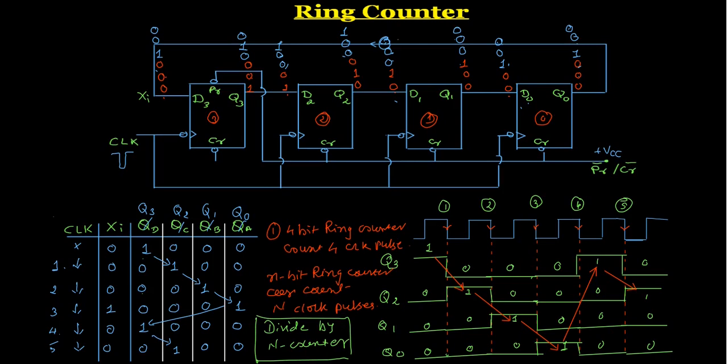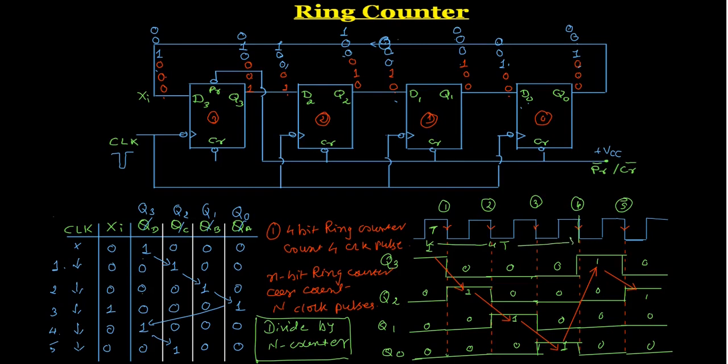Another important thing, remember that whatever the final flip-flop is, if we measure the periodic time, let us say the periodic time of this clock is T. Correct? So here we have 4 T pulses. That time will be 4T.